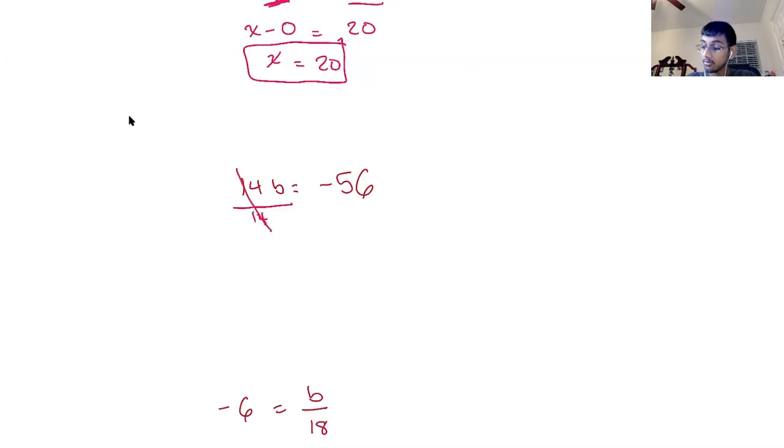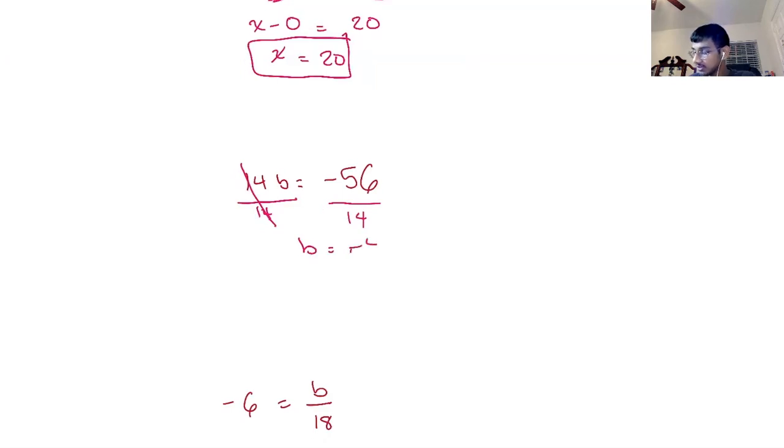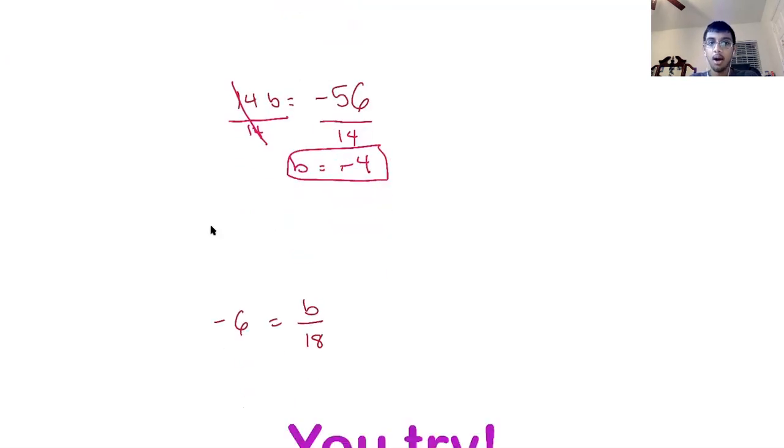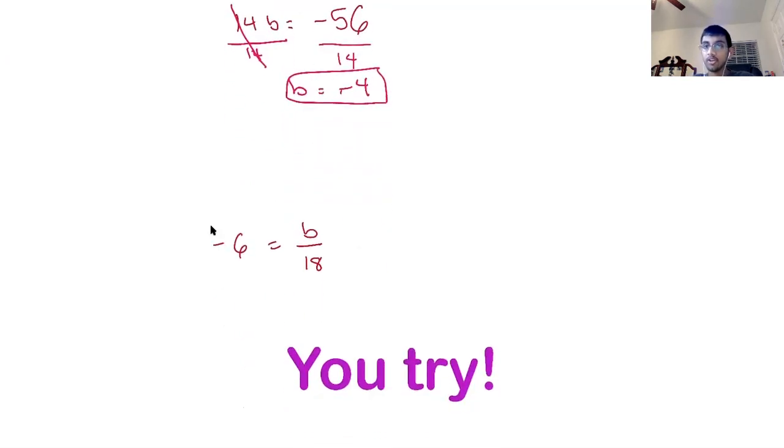So I divide the 14 on this side and I divide the 14 on this side. So now b is going to be equal to negative 56 divided by 14. And negative 56 divided by 14 is negative 4. So that's just what you're going to do. Very straightforward, very easy. And just break it down very slowly if you're having trouble with it.